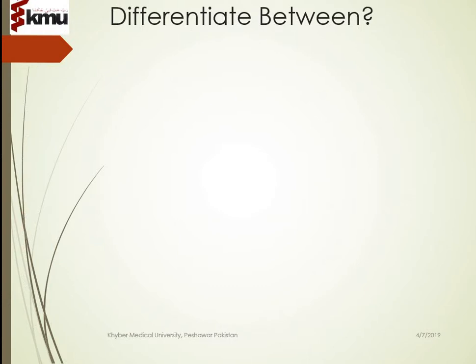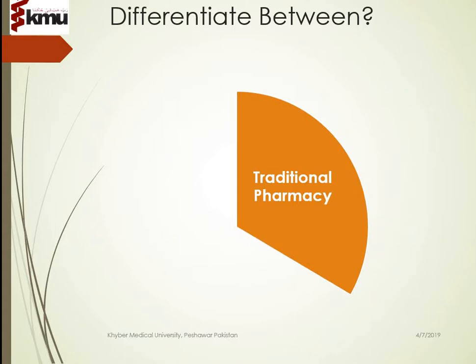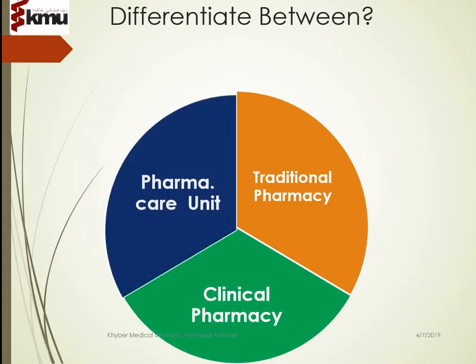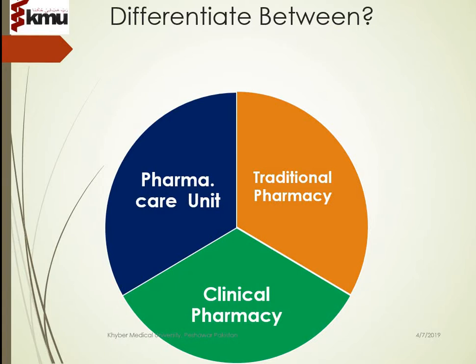It is better to differentiate between traditional pharmacy practices, clinical pharmacy and, of course, the pharmaceutical care units. For better understanding, you can open a textbook of comprehensive pharmacy review by Sharjeel, where this is well differentiated. Traditional pharmacy means working in community pharmacy or in retail pharmacy with pharmaceutical units.